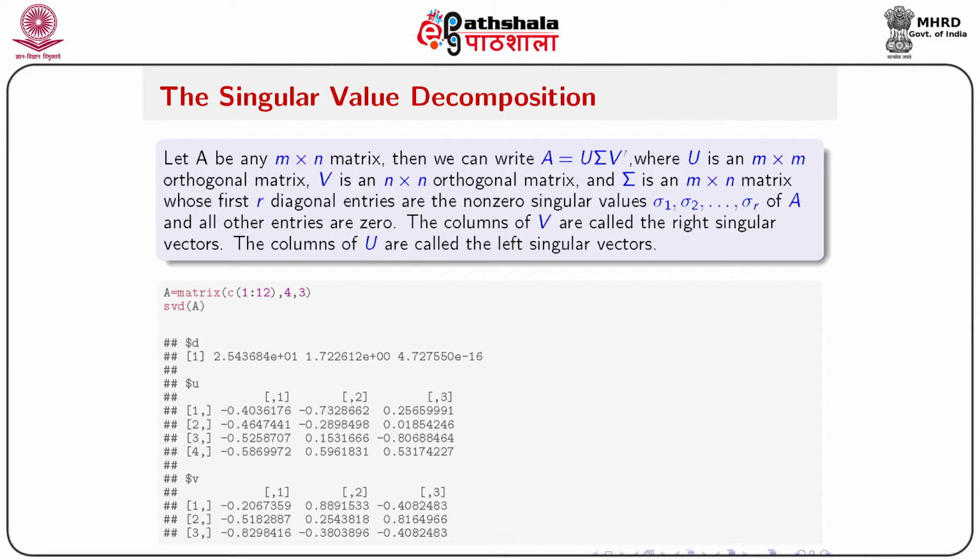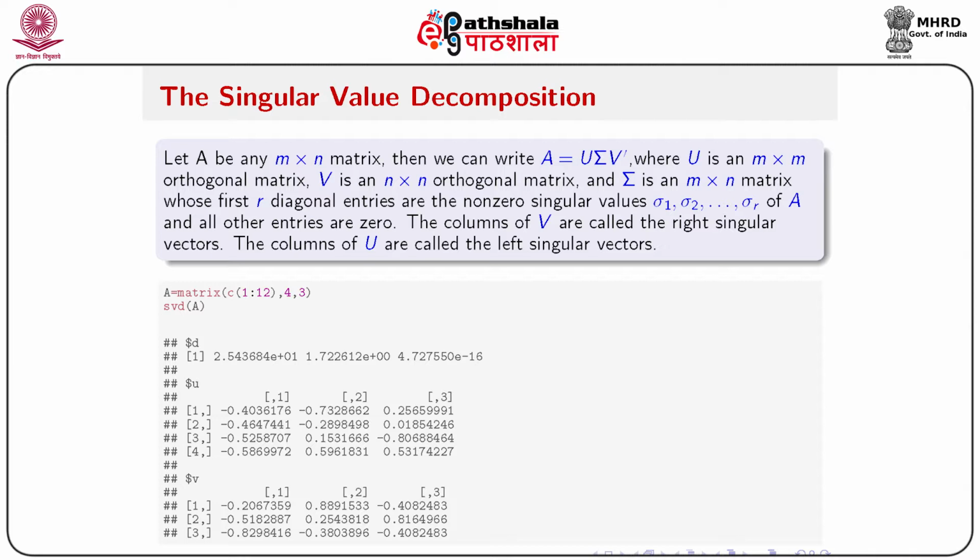The columns of V are called the right singular vectors, and the columns of U are called the left singular vectors. Say A equals matrix 1 to 12, with 4 rows and 3 columns, so this is a 4 by 3 matrix.